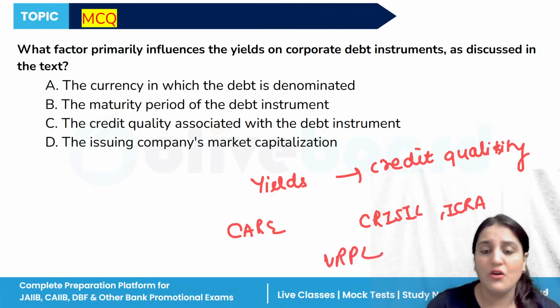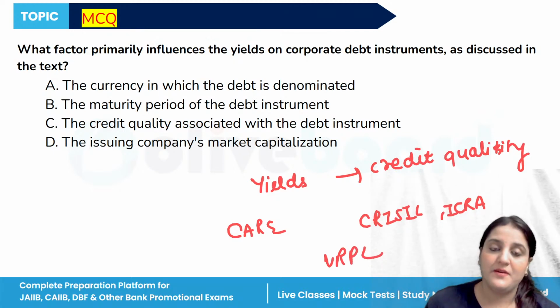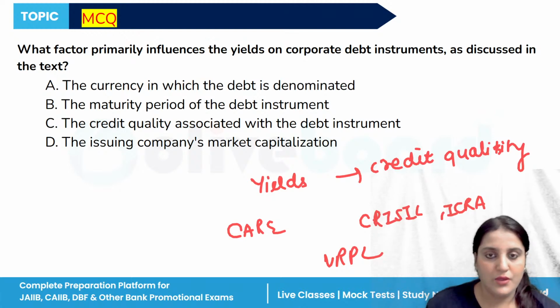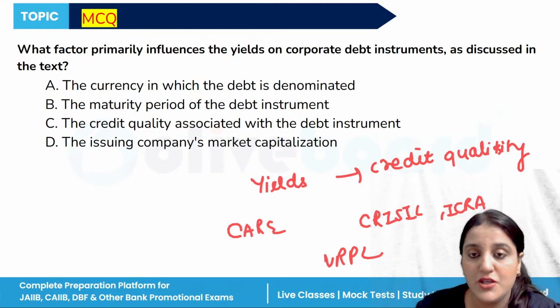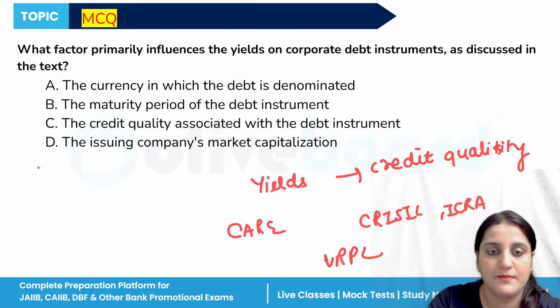Global ratings are also necessary for debt paper when issued. So among the given options, the correct option is the issuing company's market capitalization. Option D is correct here.